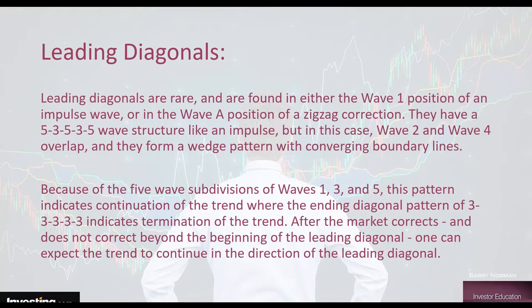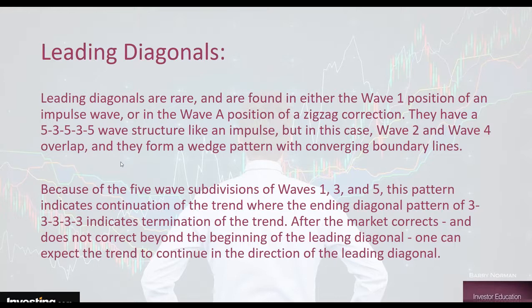They have a 5, 3, 5, 3, 5 wave structure like an impulse, but in this case, wave 2 and wave 4 overlap, and they form a wedge pattern by the converging boundaries. And again, this is in the handout that I gave you.